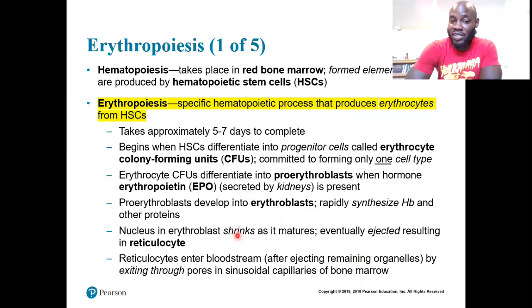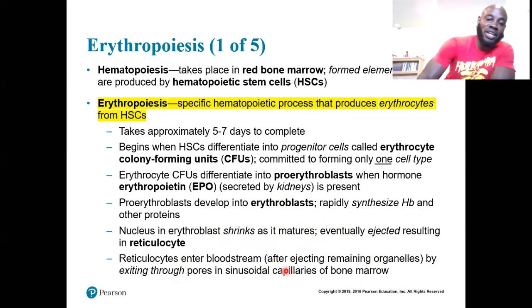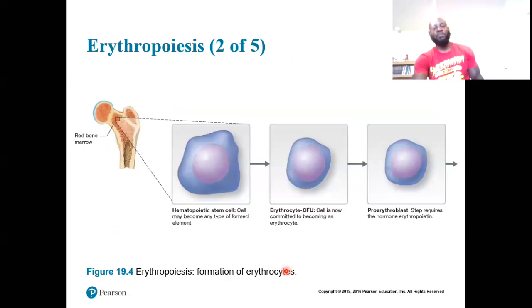So remember, these red blood cells originally have organelles, originally have a nucleus, but those get ejected by exiting through the pores in the sinusoidal capillaries of bone marrow.